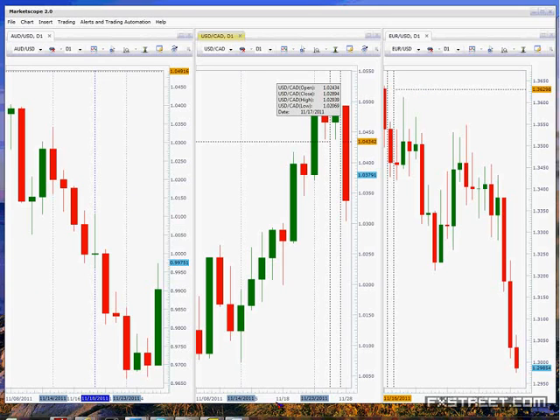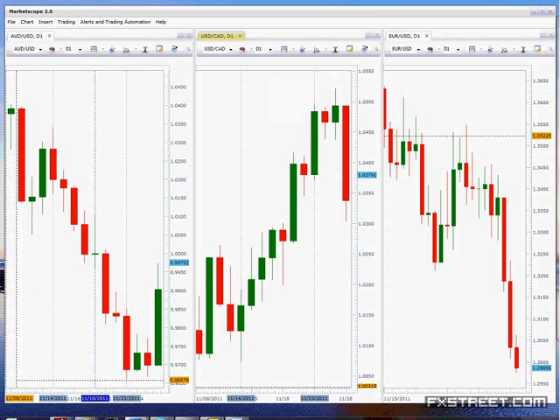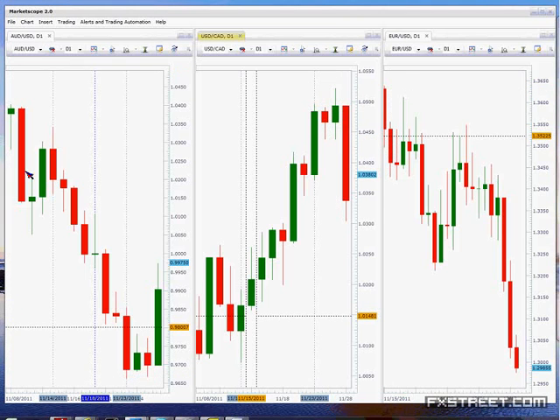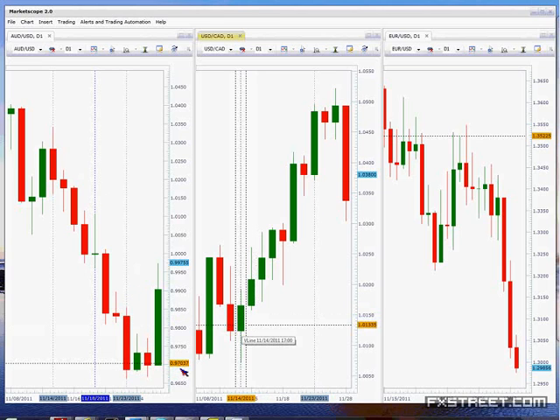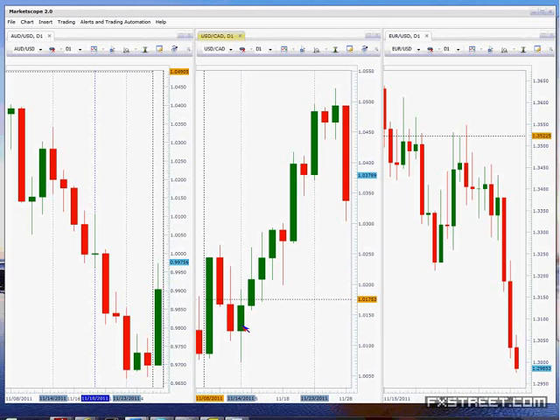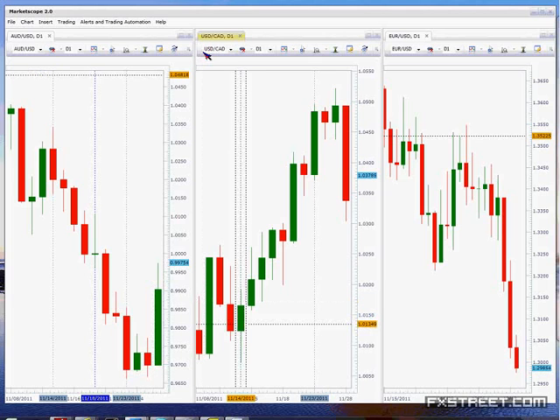Okay, let's analyze them. So the first thing I notice is Aussie USD is going short and USD CAD is going long. So you would say, oh my God, because in this case, both Aussie and CAD are weaker than the US dollar from start to end.